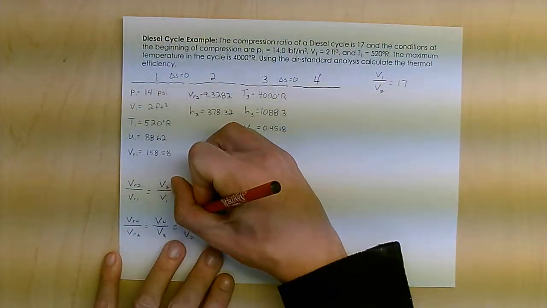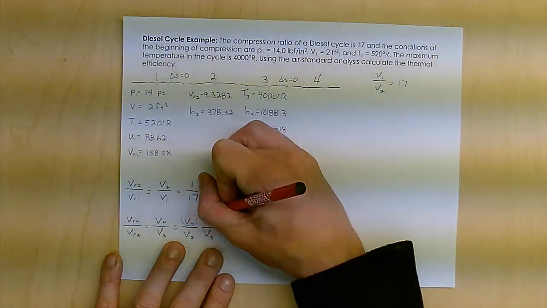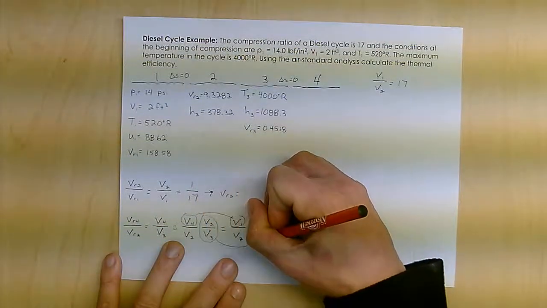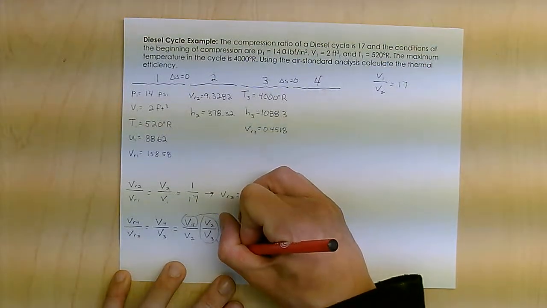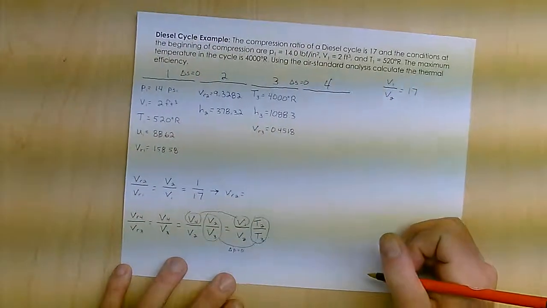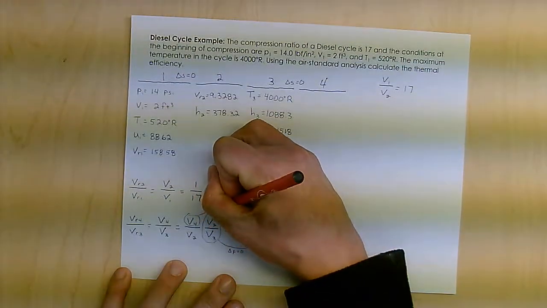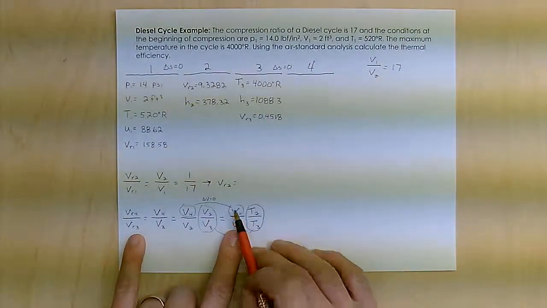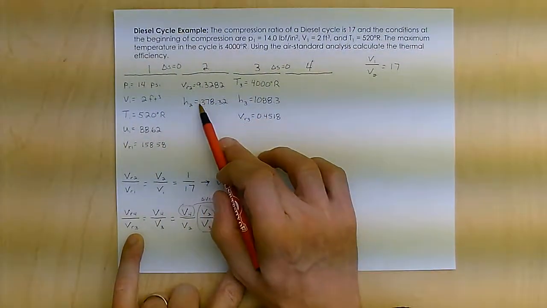Because the pressure is constant, this guy equals this guy, and because the volume is constant, this guy equals this guy. But here's the thing now. I know VR3, I know my compression ratio, I know my temperatures.